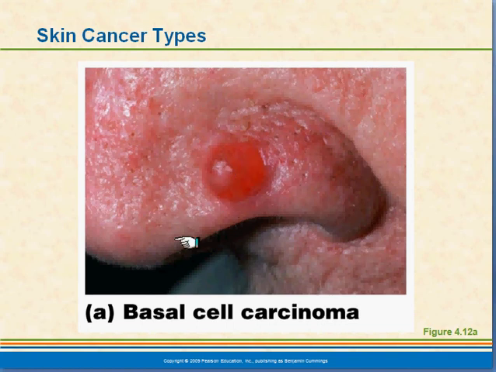Now, these can be quite disfiguring because when you remove a cancer, you have to go the same width out on either side that the cancer is. So for this tumor, they're going to take out an area about, this is a wide excision biopsy, but this person has just lost a nostril.